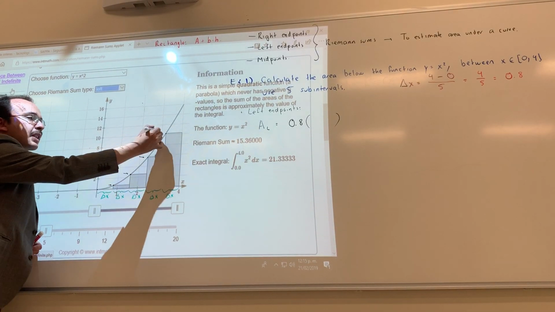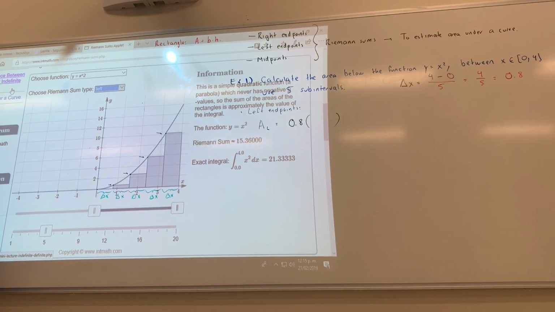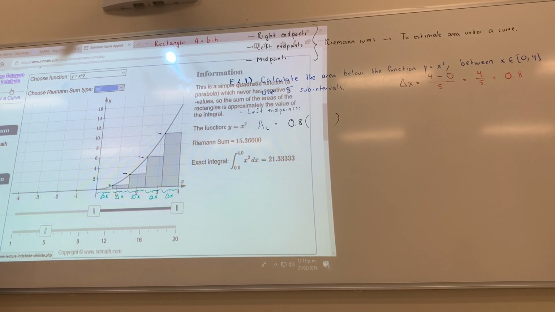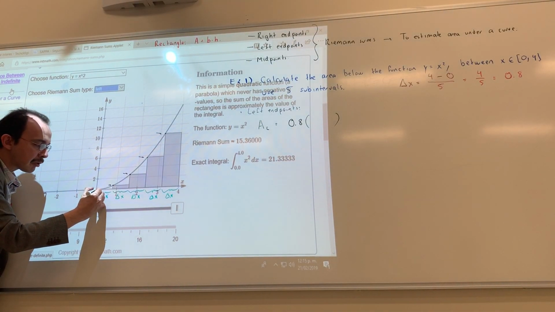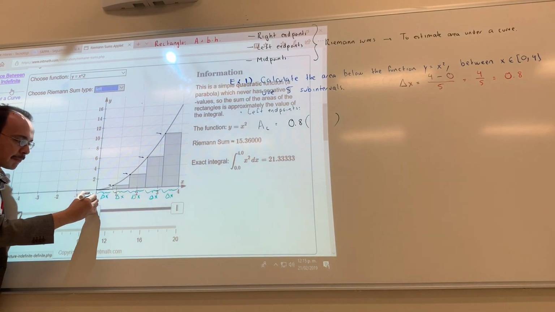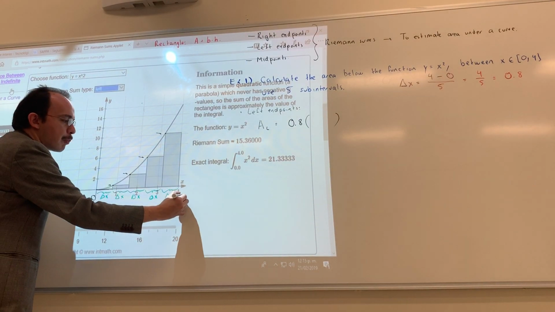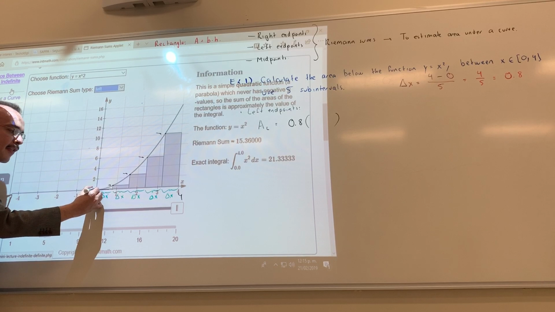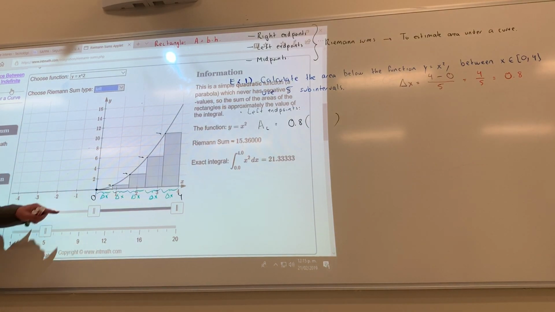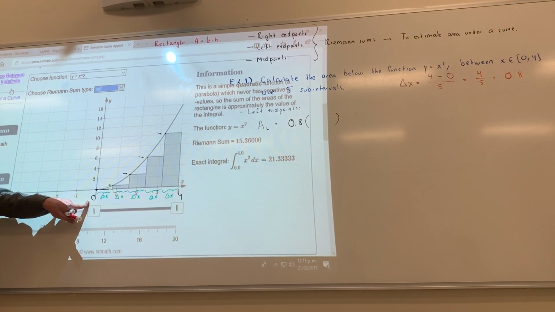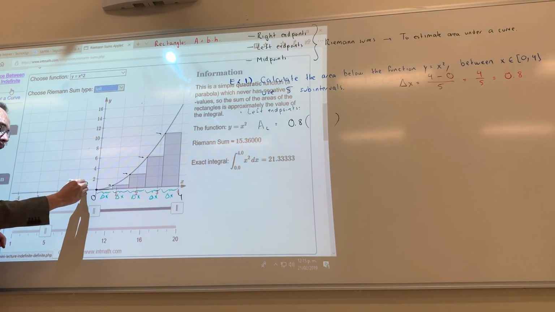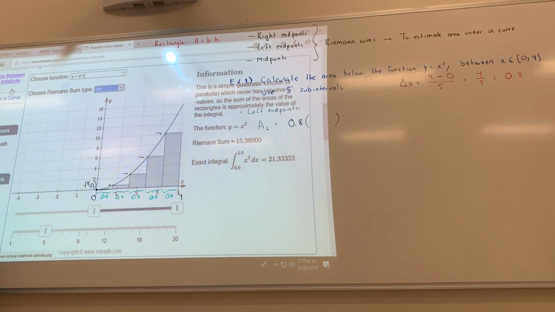The question is, how do I get this value? Because this value represents what? The height of each rectangle. Exactly. I need to evaluate what in the function? Exactly. If this is my first rectangle, this is my lower limit, and this is my upper limit, how do I get the first value? Evaluating what? 0. So it will be f of 0.